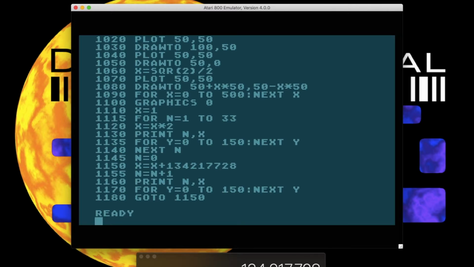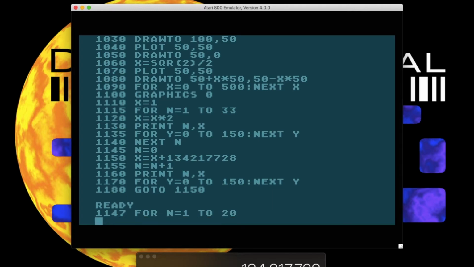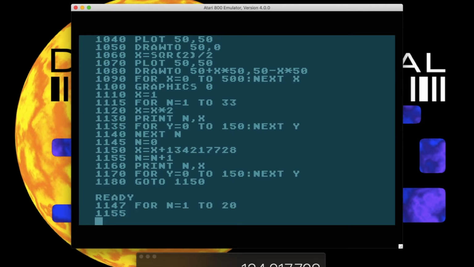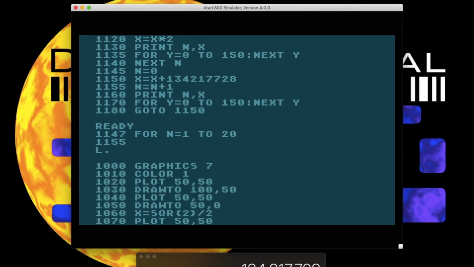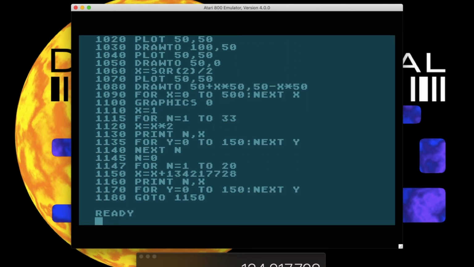So let's find out how many we can do without busting it. 1147 for n equals 1 to... 1155 we've got to get rid of. Then over here we're going to go.